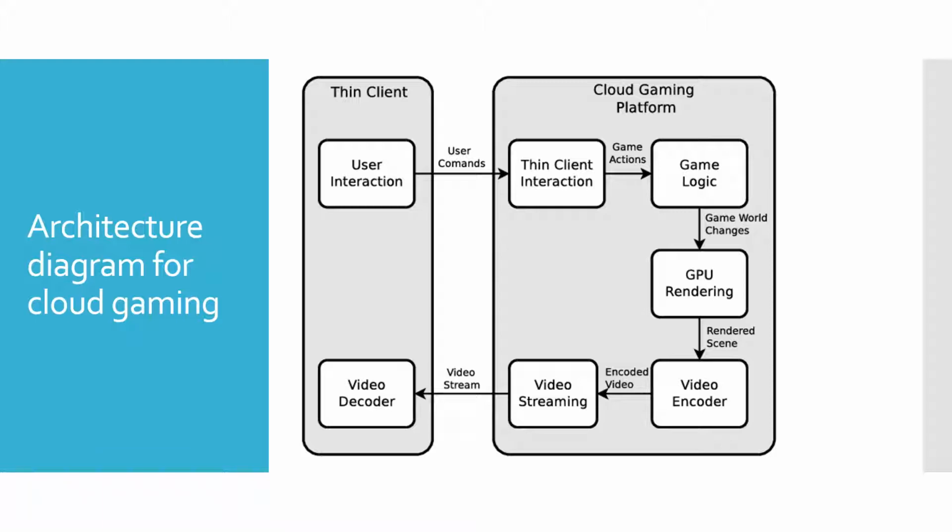The gameplay is recorded, rendered into the scene, video encoded, and streamed to the thin client, which receives the encoded video and decodes it and gives it to the user.